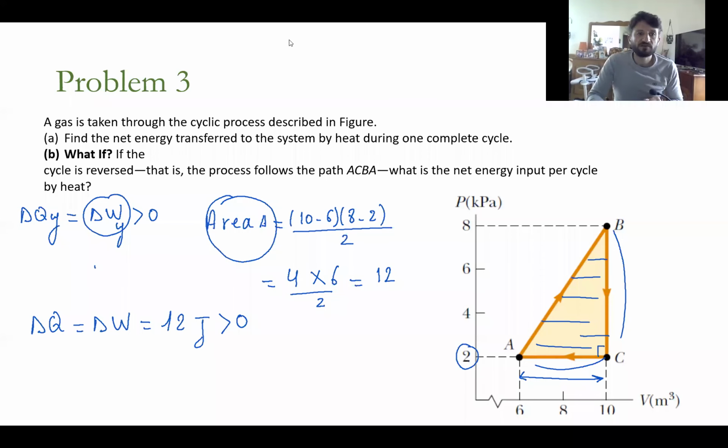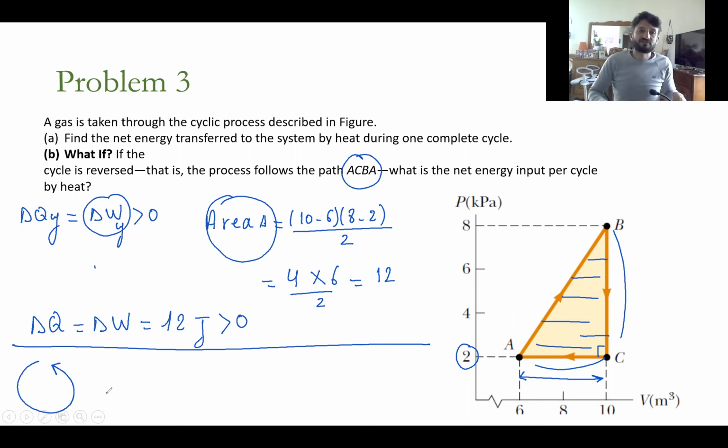The second part, I ask you, what if the cycle is reversed? It means we are going anticlockwise, A, C, B, A. What is the net energy input per cycle by heat? So I have to calculate the heat in the case of an anticlockwise cycle.